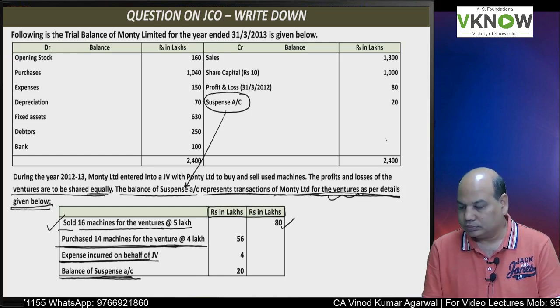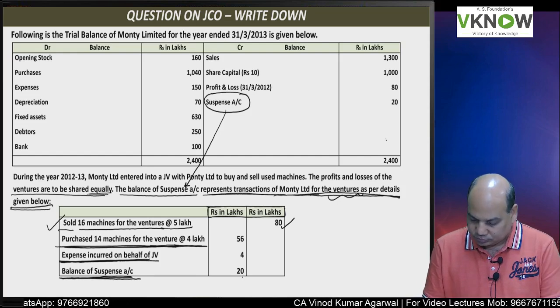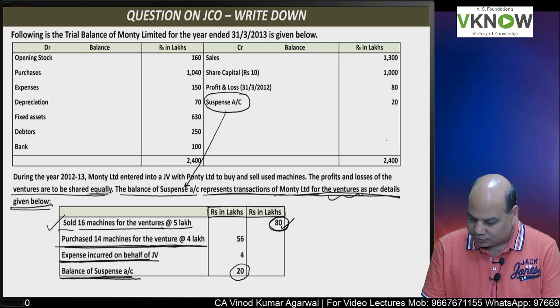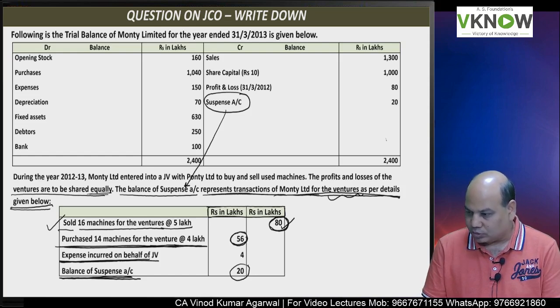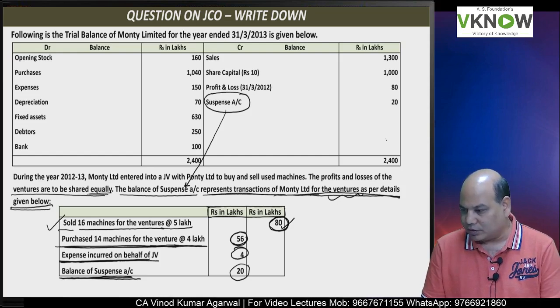And then balance of suspense account 20. 80 is the amount received from sale, 56 is the amount paid for purchase, 4 is the expense incurred.